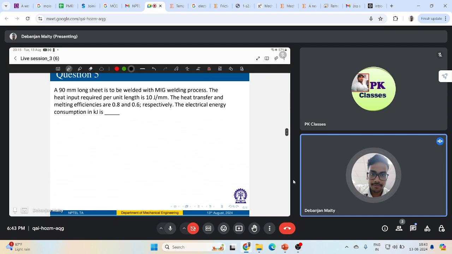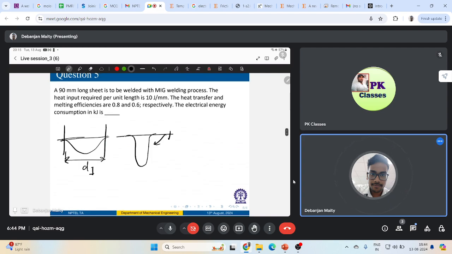In conventional GTAW, how your bead will look is something like this. It will be much wider. So the weld bead width will be, let's say if this is D1, and this is pulsed operation, this is D2.